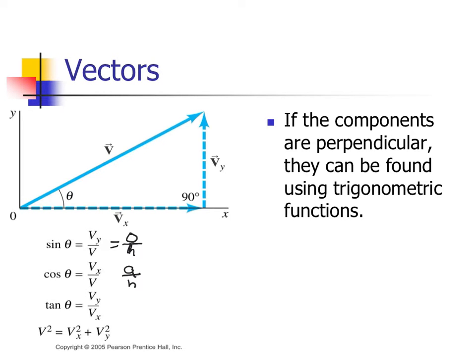Cosine is adjacent over hypotenuse. Tangent is opposite over adjacent.